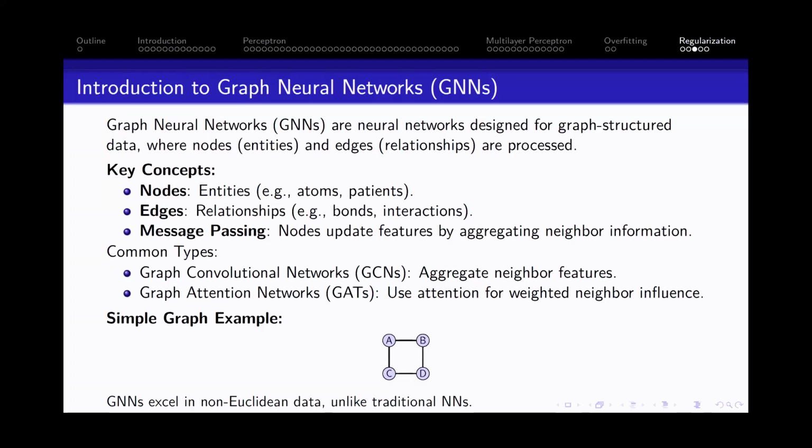They have edges, or relationships, and also they have message passing, which is the nodes updating features by aggregating neighbor information. We have 2 common GNN networks: graph convolution networks or graph attention networks, which can be used for different purposes.